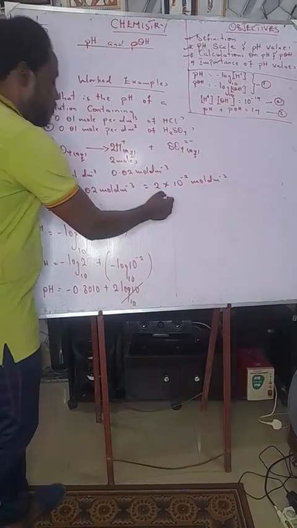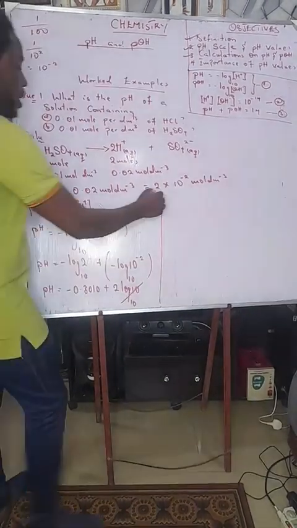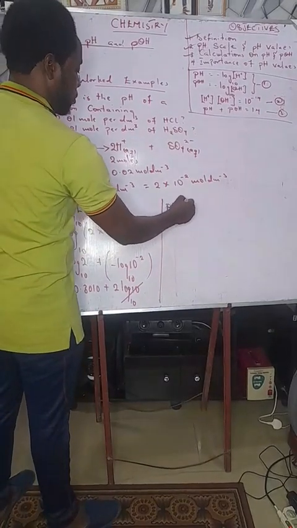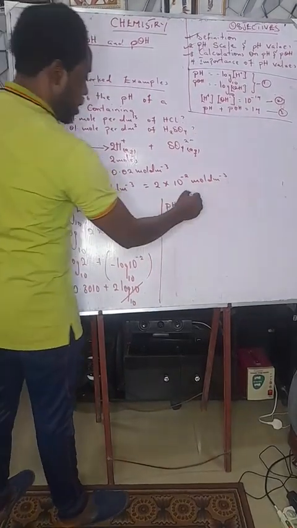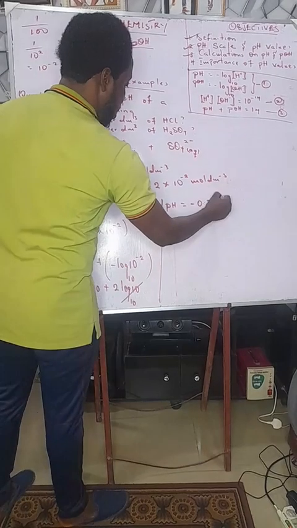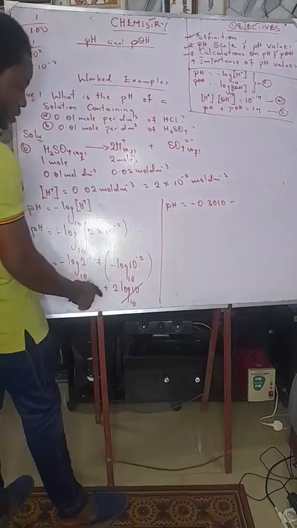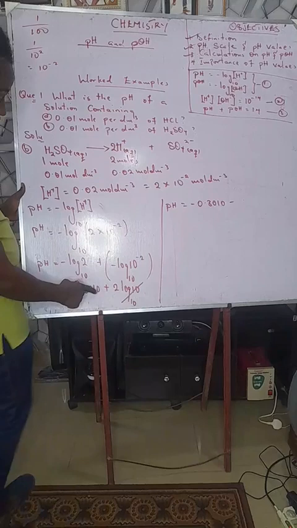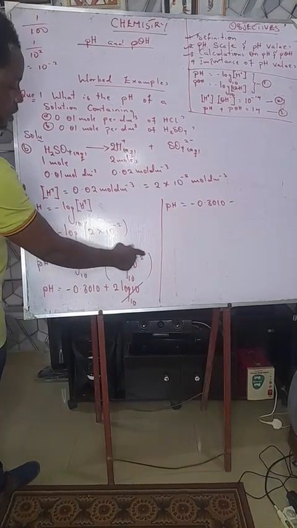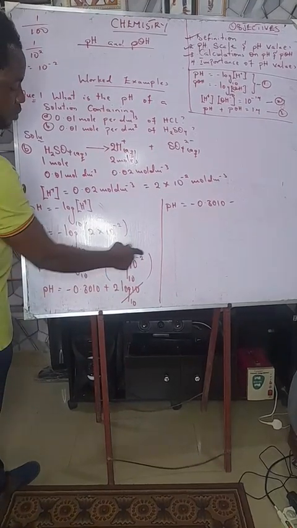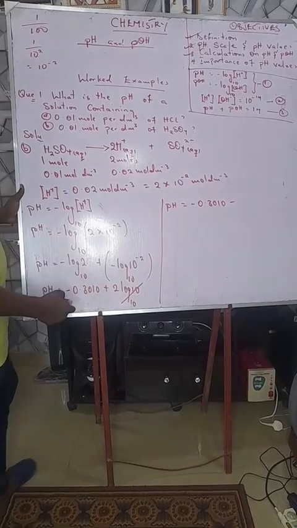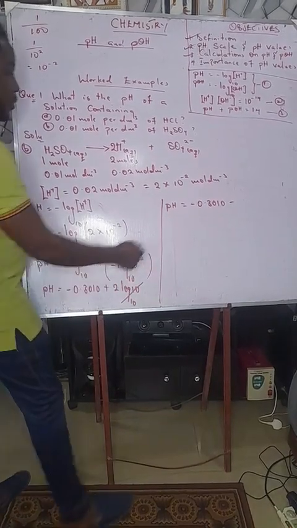So all you have now is your pH equals minus 0.3010 plus, so it is plus, because this minus has cancelled this one. Minus 1 times minus will give you plus 2.